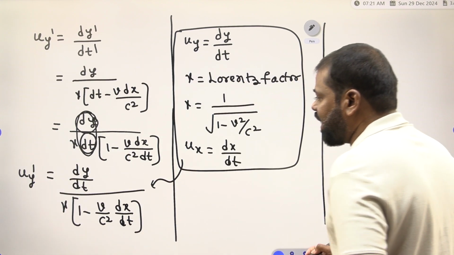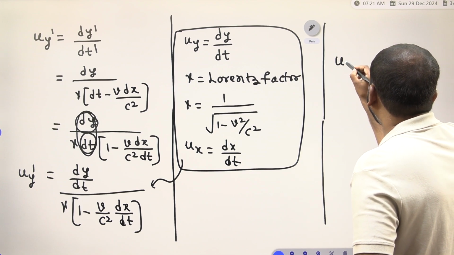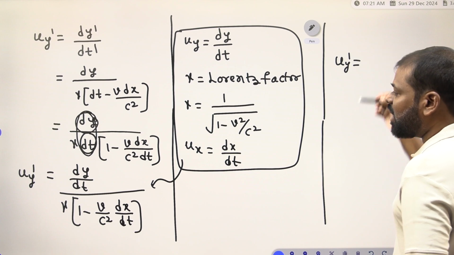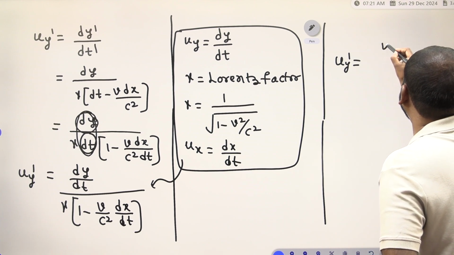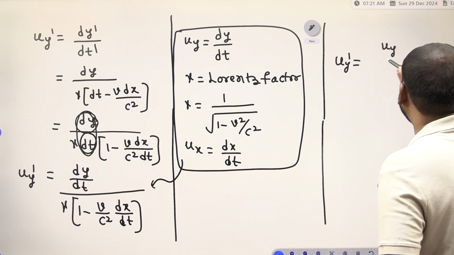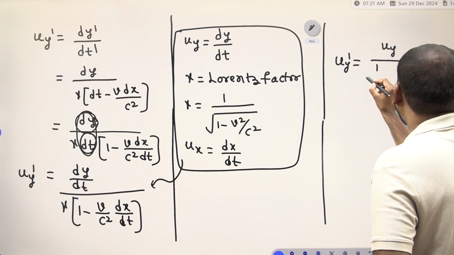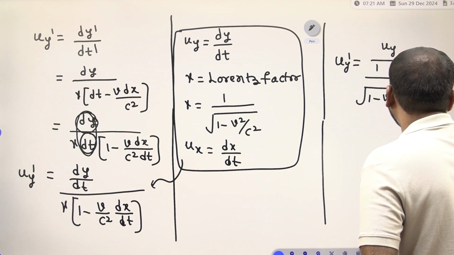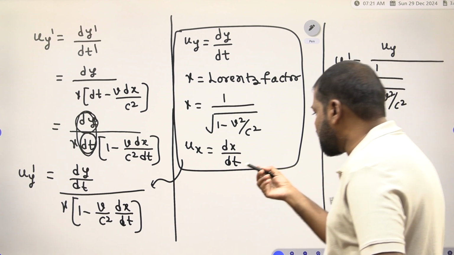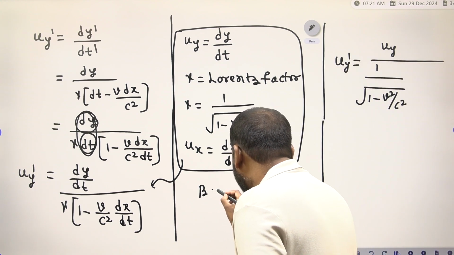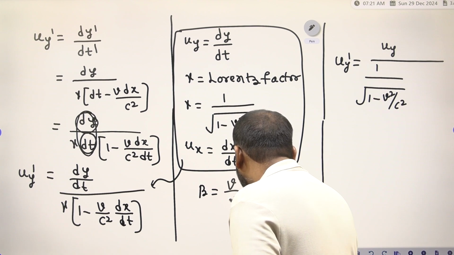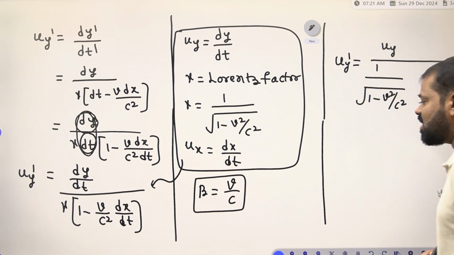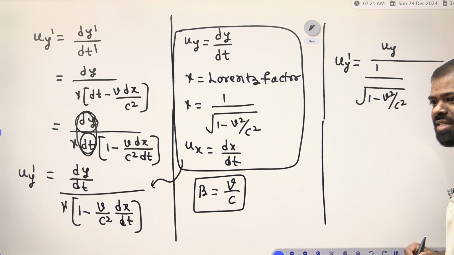So u_y dash is equal to dy by dt, which is u_y, divided by 1 by square root of 1 minus v square by c square. Again, we take beta as one factor, the ratio of the velocities, v by c, if you consider.